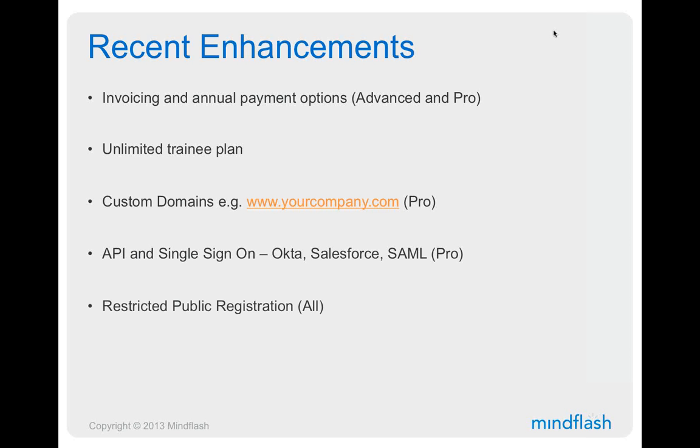Something we recently released in the last month or so is restricted public registration. This allows people to sign themselves up for courses, but only if they already have an account in Mindflash. So you would upload a list of trainees, for example, and then they could go in and sign themselves up for other courses.